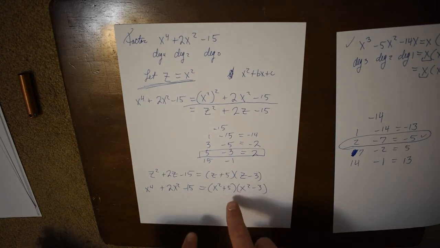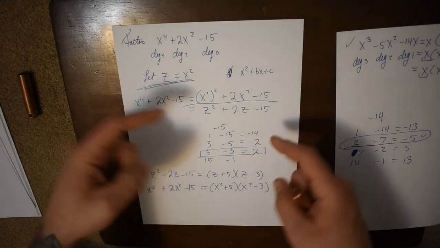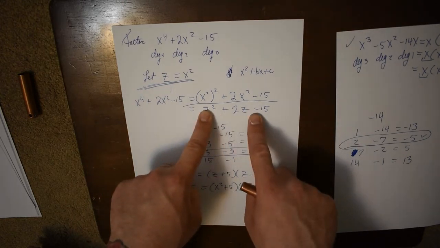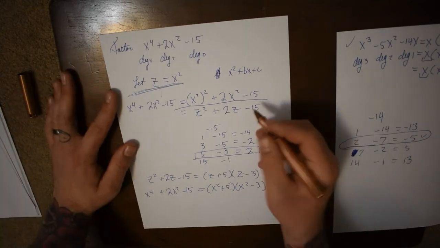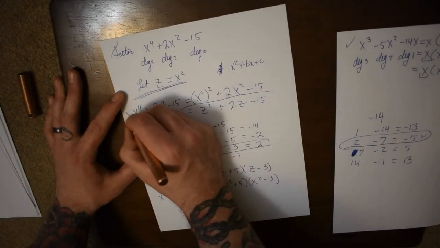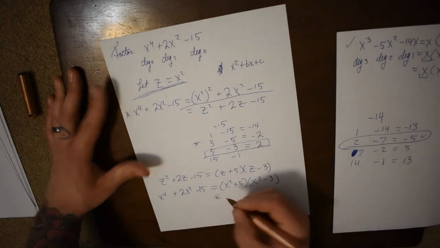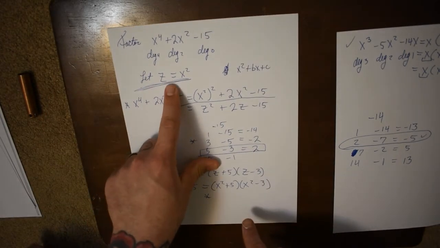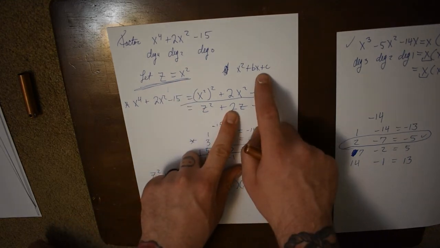So you really don't have to do this rename step, write it in terms of z's and then convert back. What you need for this problem is this part right here and the final answer. I say let z be equal to x squared just to make it look like what we have been working with.